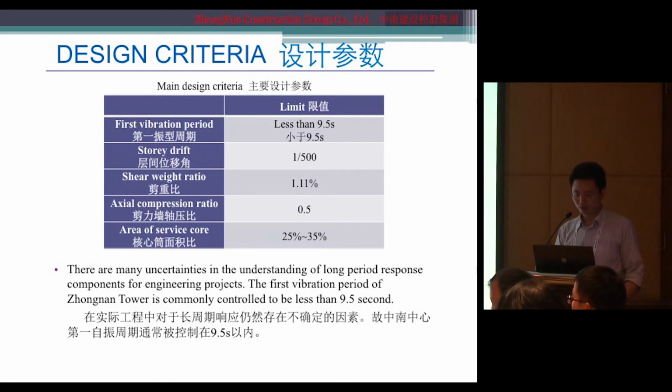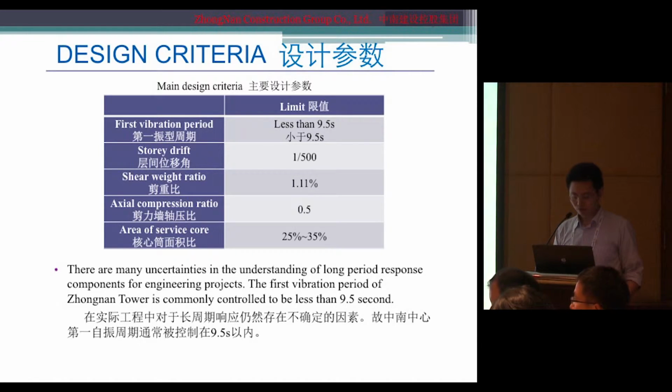And the first vibration period is less than 9.5 seconds. And the parameters of story drifts, shear weight ratio, etc., are decided by the Chinese codes.